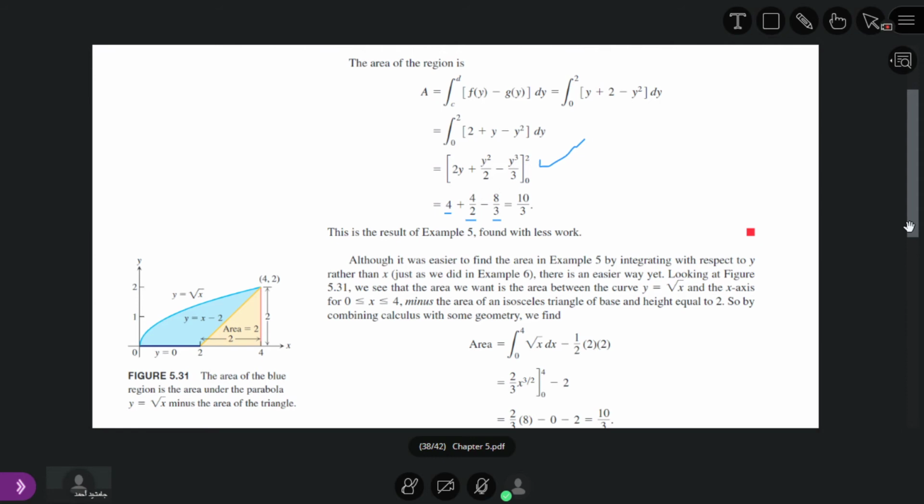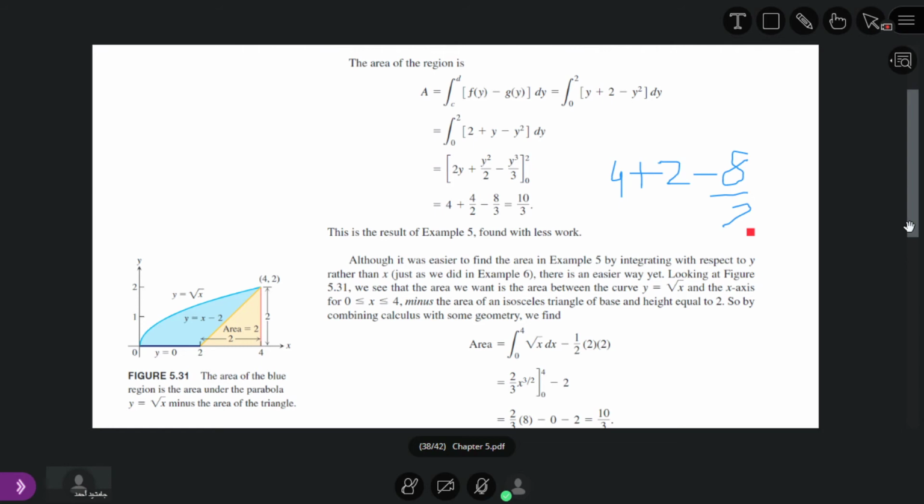So we get 2 times 2 is 4, plus 4 over 2 is 2, so 4 plus 2, minus 8 divided by 3.